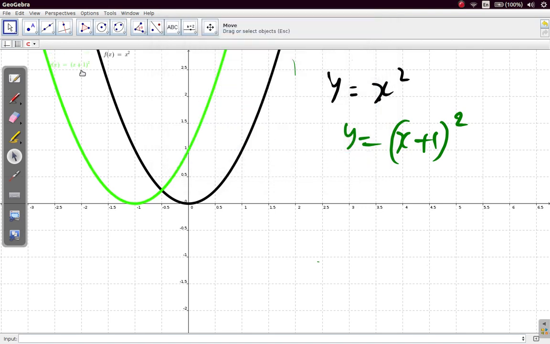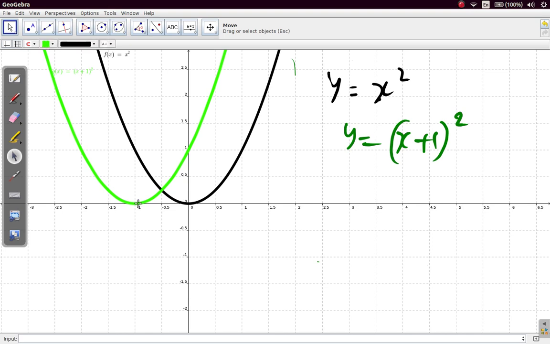Good. It says g of x is x plus 1 squared. Now you notice what happened? The x plus 1 squared moves the graph to the left 1 unit, right?